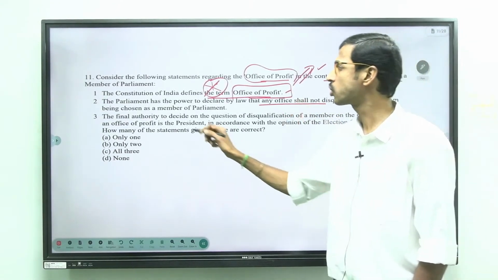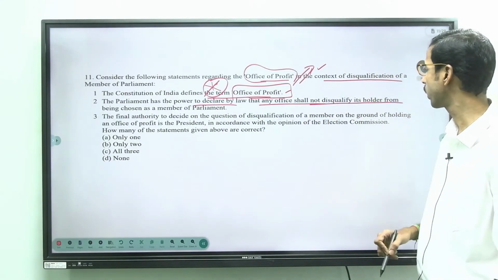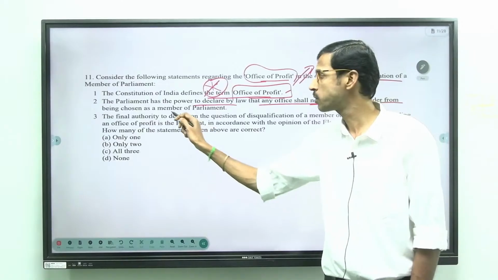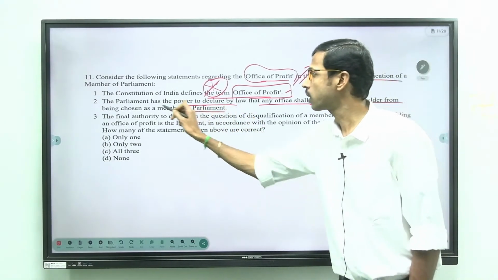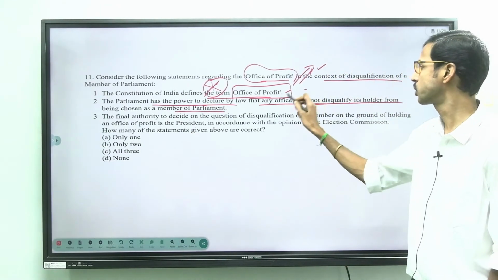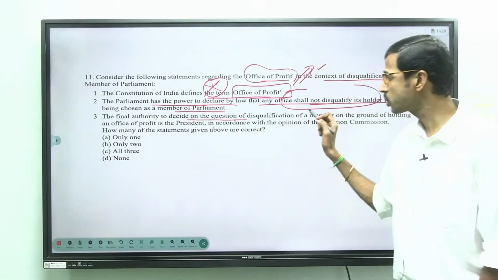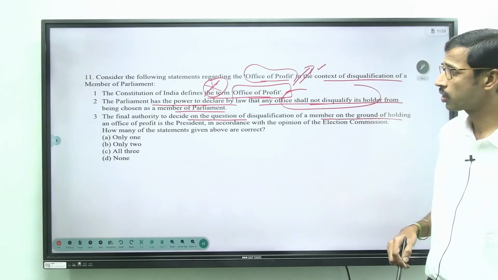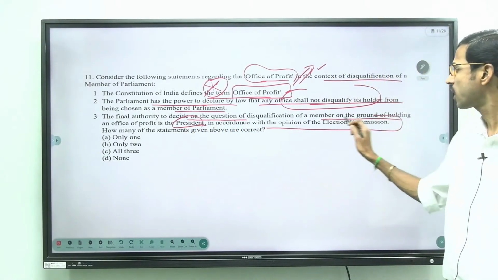This is wrong. So parliament has the power to declare by law that any office shall not disqualify its holder from being chosen as a member of parliament, right? From this power only, parliament has the power to declare any office shall not disqualify, right? The final authority to decide on the question of disqualification of a member on the ground of holding an office is the president, in accordance with the opinion of the election commission.